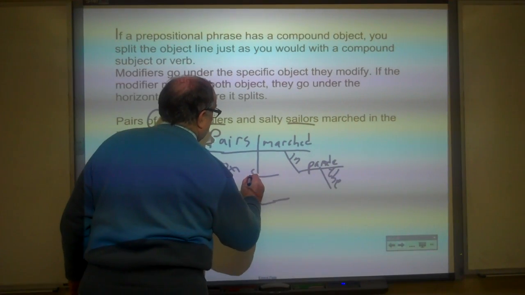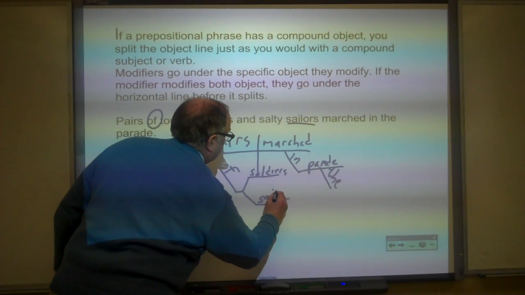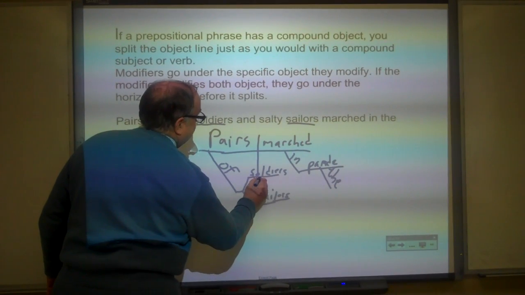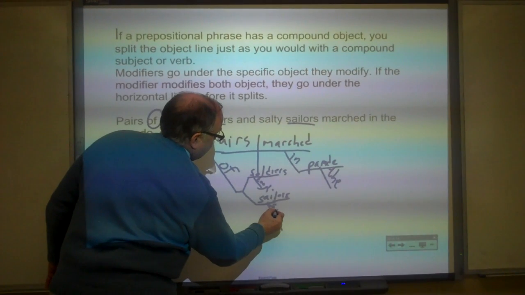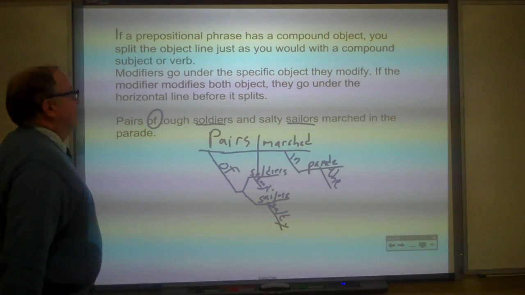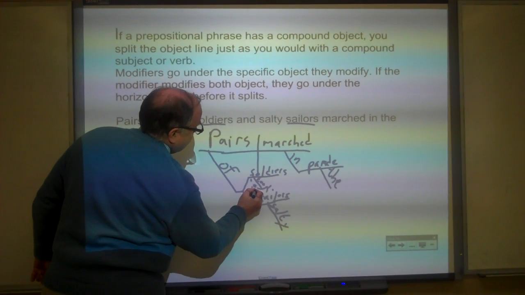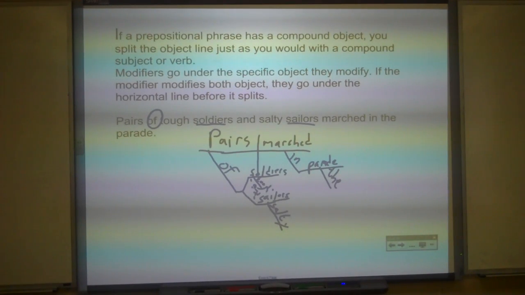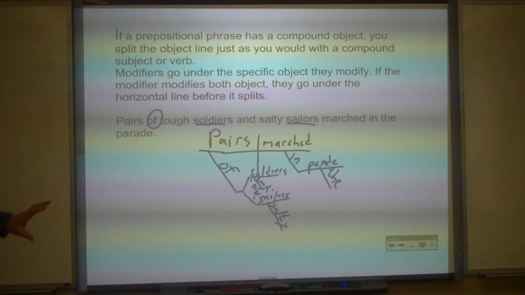So soldiers and sailors. And then tough modifies soldiers, and salty modifies sailors. And of course you have the conjunction on the dotted line. So I can meditate on that for a minute.